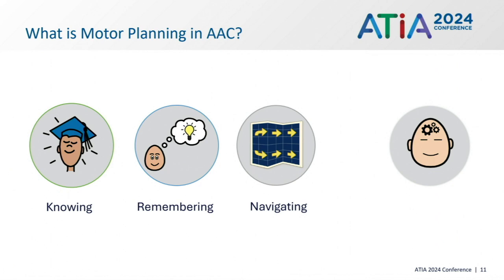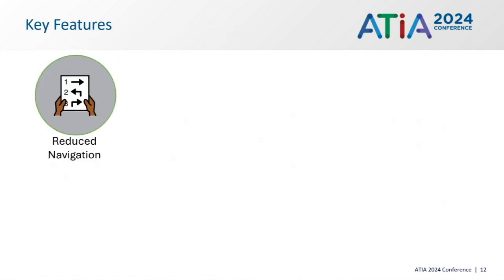It provides this really awesome opportunity for a communicator to not have to think as much about navigation and just provide this opportunity to communicate. So we get all of this knowing and remembering and navigating that equals this automaticity.